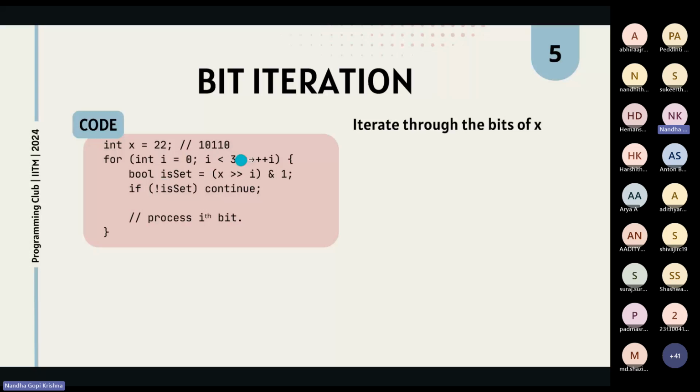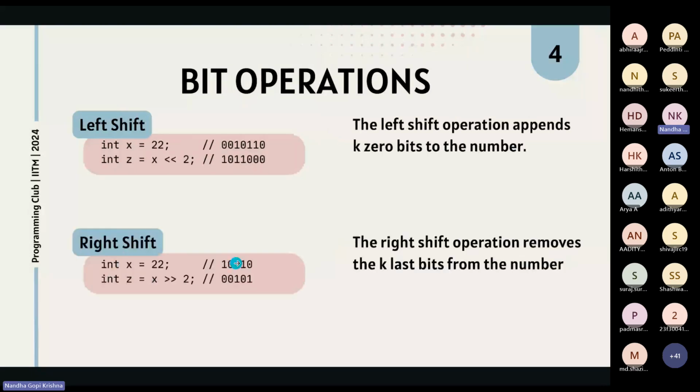Similarly, if i is equal to 1 going through the loop, we move it once to the right. So over here, if we move this number once to the right, we would have 0, 1, 0, 1, 1. This last 0 gets eliminated. So now when we AND it with 1, since this last 1 of 1, 0, 1, 1 ANDs with 1, we get the value of true, the value of 1.